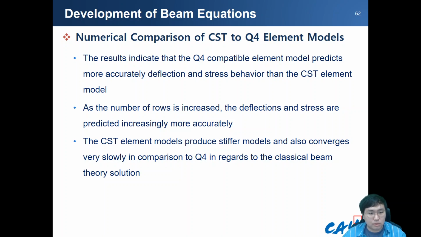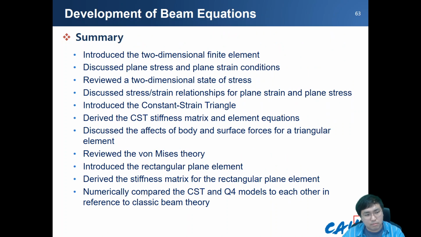So this is our result. That's why we use the QPO element. So this is a summary of lecture 6. In two-dimensional space, we learned how to derive our local stiffness equation based on the plane stress and plane strain assumptions.